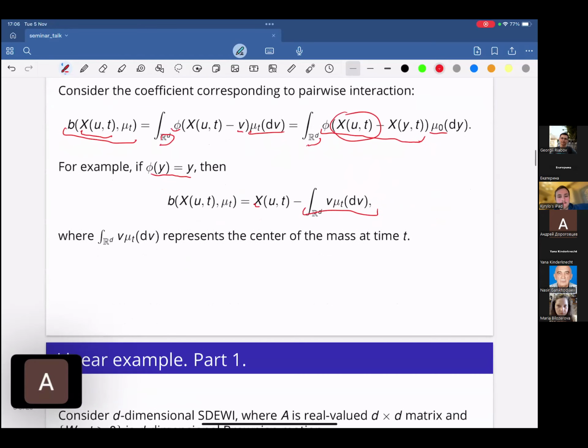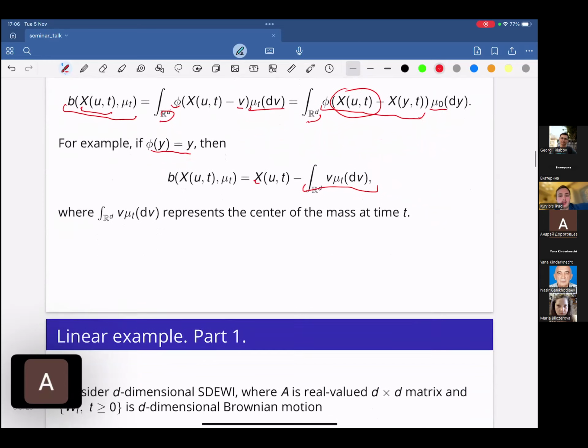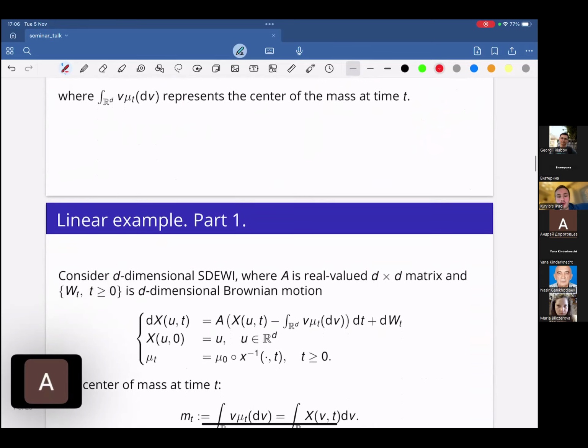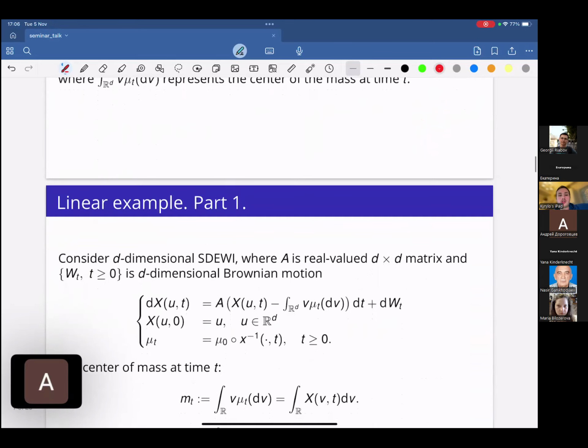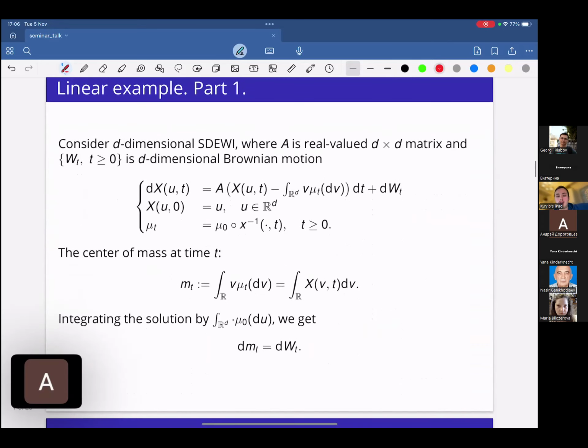Okay, now that I have mentioned the identity mapping, we can consider an example of a stochastic differential equation with interaction which can be solved explicitly. We consider the linear mapping. In this case, we introduce some constant a, or in the general case a d by d matrix.